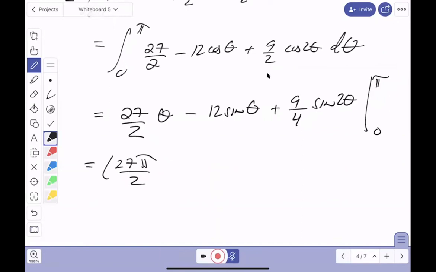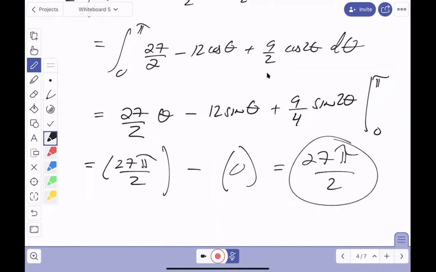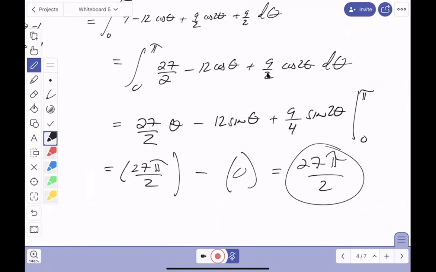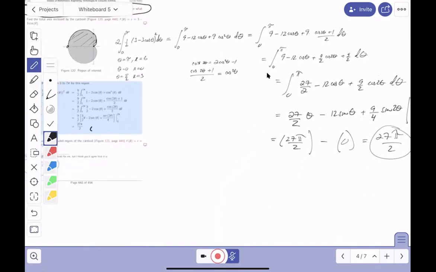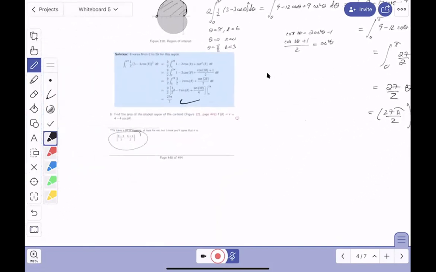Well, let's see. The sine of pi is 0, and the sine of 2 pi is 0. That's nice. Minus the lower limit 0, so you get 0, 0, 0. Get a nice number. I'm not saying it's right, by the way. I'm saying get a nice number. What do you mean a nice number? A number that I can actually write down. Let's take a look at their answer. Their work may look different. I did okay. All right, I did okay.